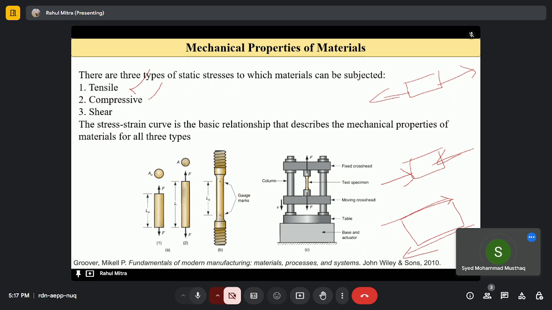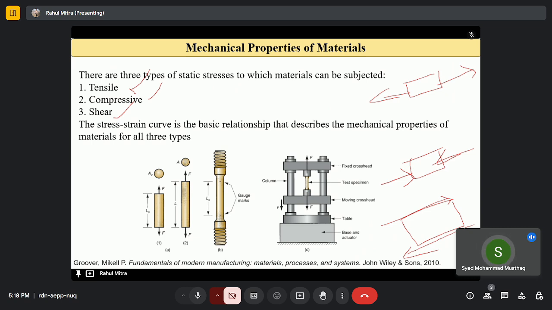This is the shear forces, and the stress strain curve, as I explained before, is the basic relationship that describes the mechanical behavior of materials for all three types of stresses.